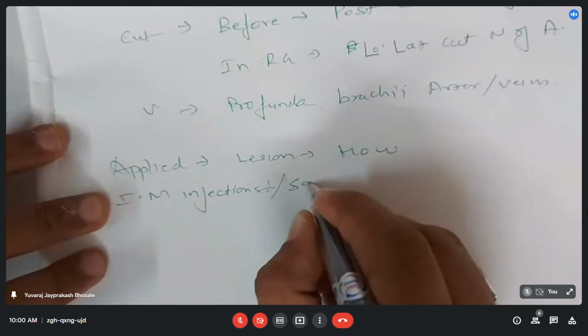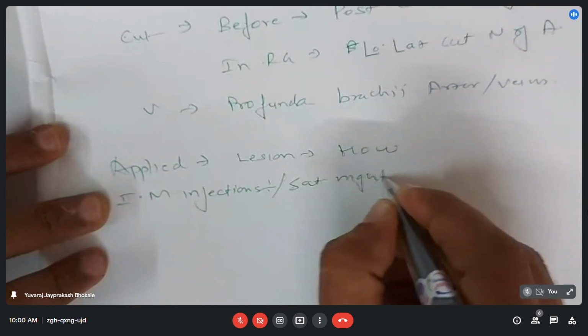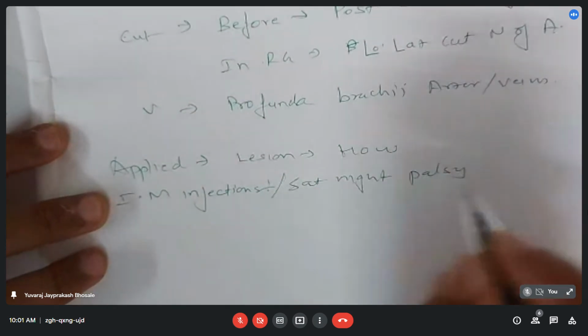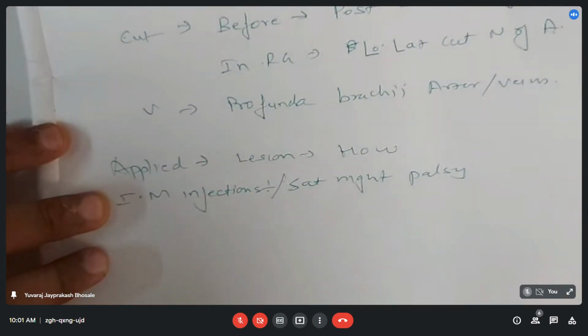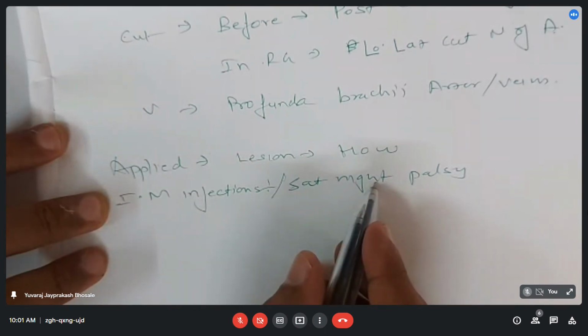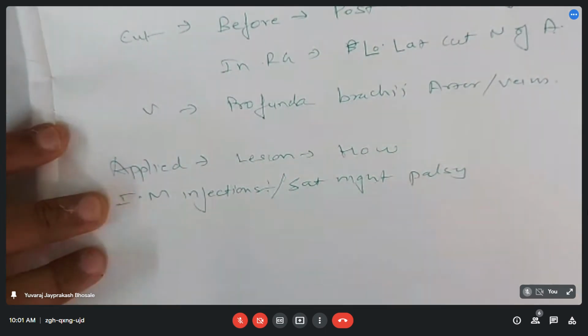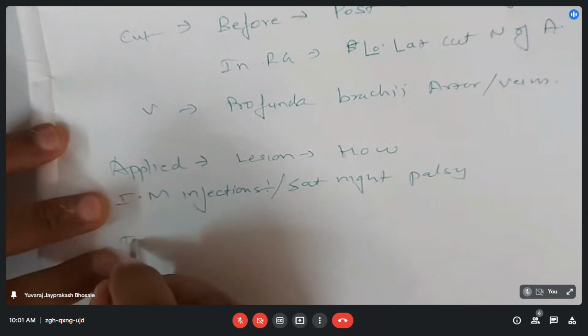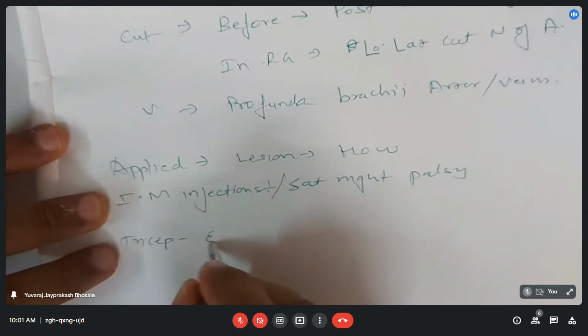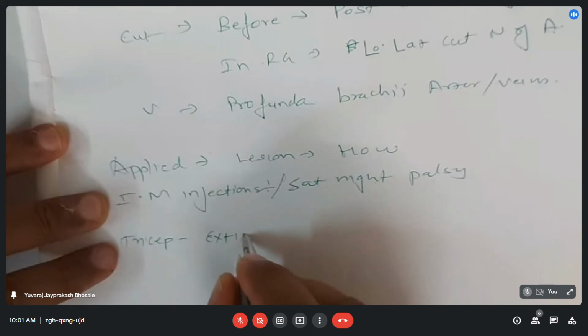Then Saturday night palsy. Why do they use the word Saturday night palsy? In Western countries, many people drink on Saturday nights and then they sit in their chair and sleep there. Then the radial nerve gets compressed by the sidebars of the chair. When this happens, the triceps will get paralyzed, so extension of the elbow becomes weak.